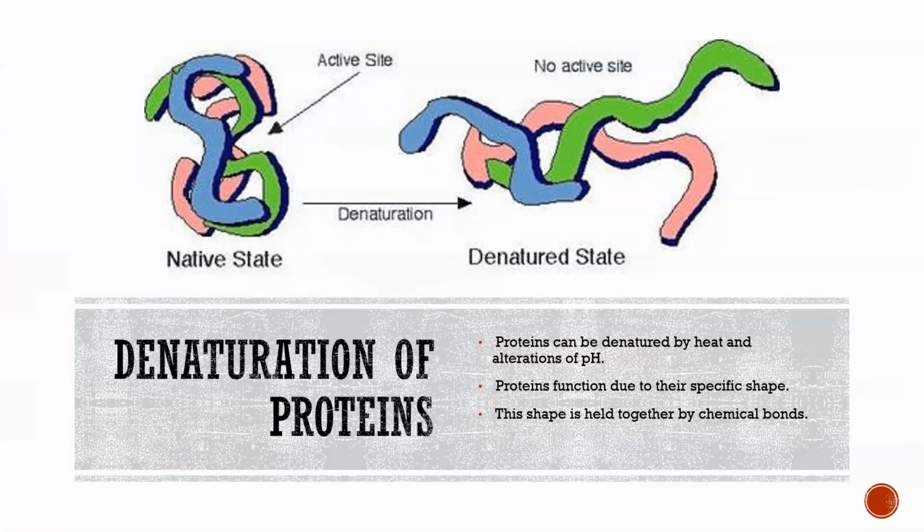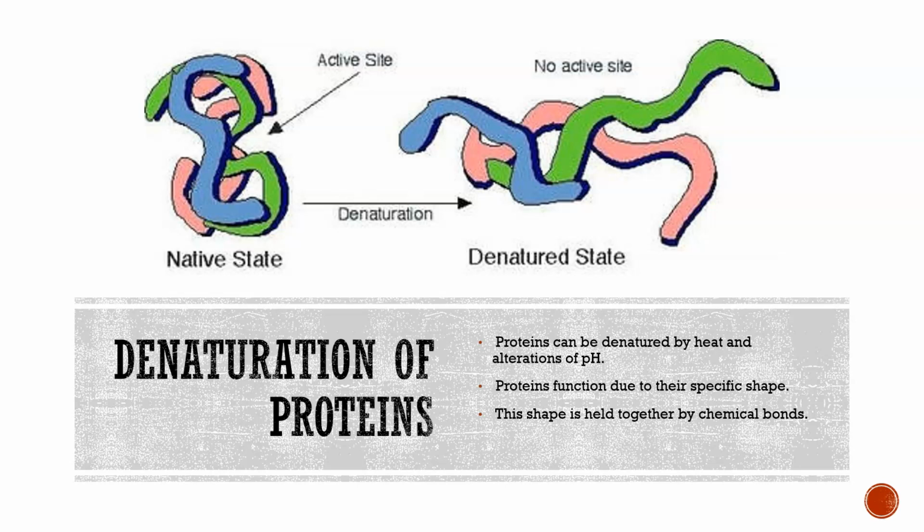Alrighty, so proteins. This is all going to become very important when we start looking at enzymes, but let me introduce to you this whole concept of the denaturation of proteins.